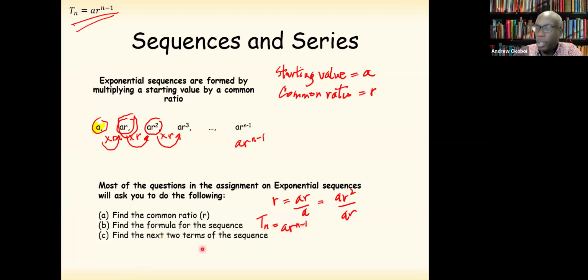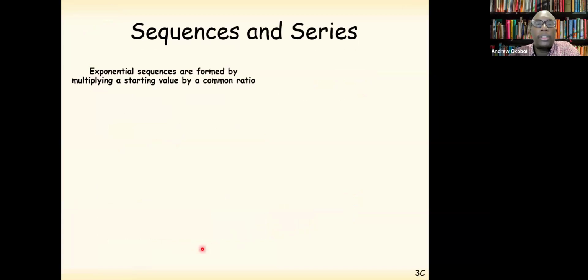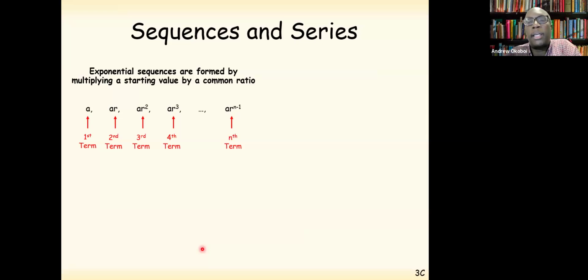So A is the first term, AR is the second, AR squared is the third, AR cubed is the fourth, and therefore the nth term is AR to the power n minus 1.